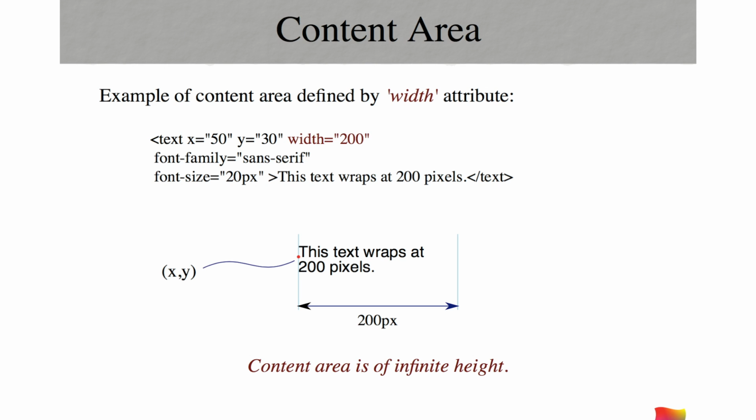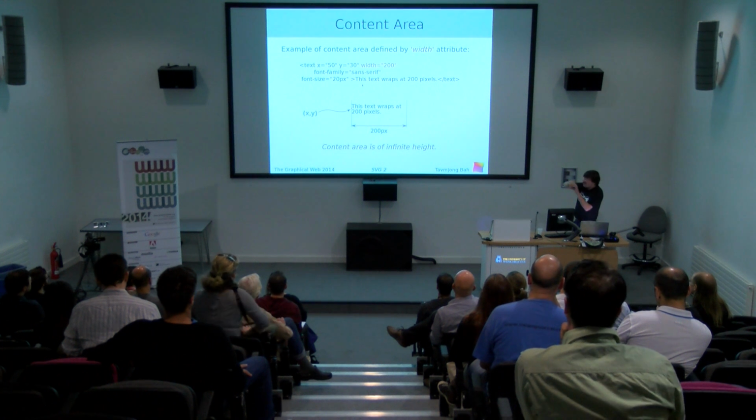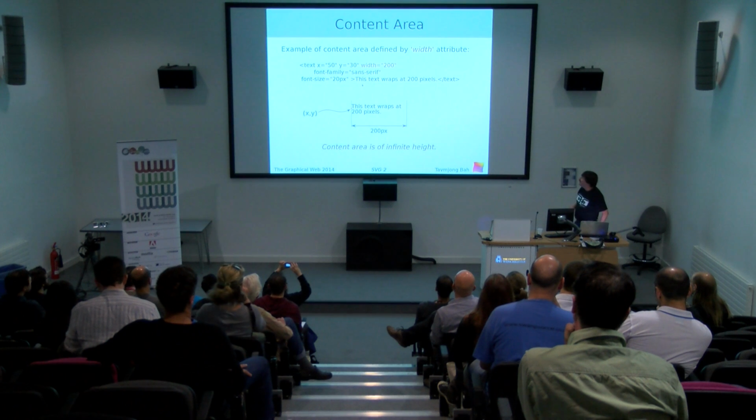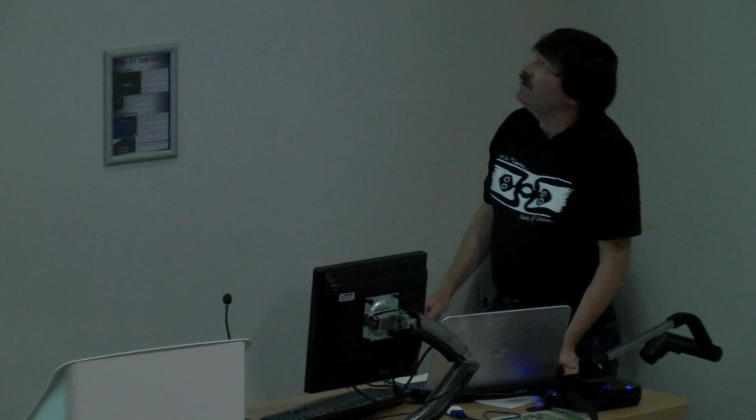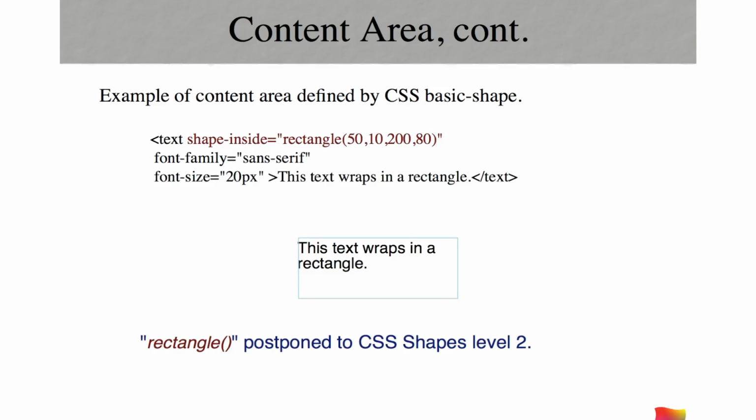And the text begins exactly where it would begin normally for SVG, if it was just SVG 1.1, if you just had a single line of text. And then the content area is of infinite height, so you just keep on filling text until you get to the end. Another way of getting text in a rectangular area is to give the text a wrapping context. This is by using explicitly a rectangle, a CSS rectangle.